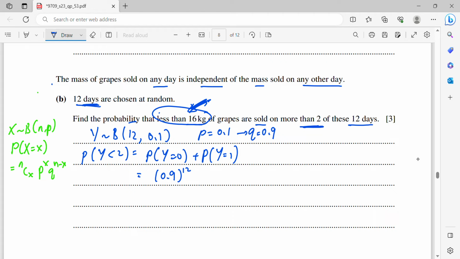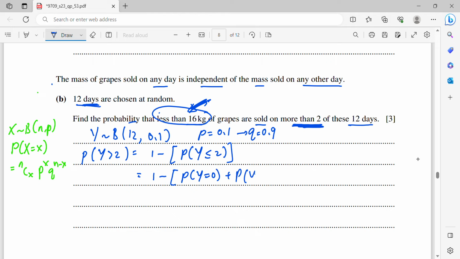Okay, I read the question wrongly. I overlooked the question. This is more than 2. It is not less. It is more. Okay, when more than 2 means that instead of counting 3 onwards, I use 1 minus P(Y ≤ 2) because it's 3 onwards. So from here it will be P(Y=0) plus P(Y=1) plus P(Y=2).